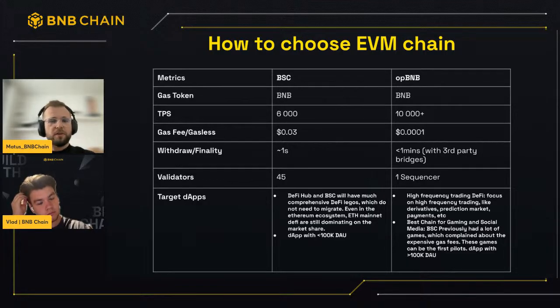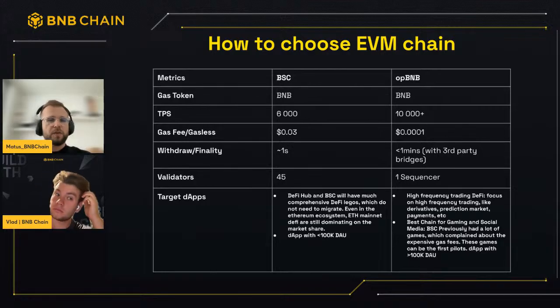So anyone planning to build high frequency trading, a game app or anything that requires very high transaction volume with very low fees should deploy on opBNB. For anyone more interested in fast finality and more decentralization, they should choose the BSC chain. Those are the main differences between the chains.